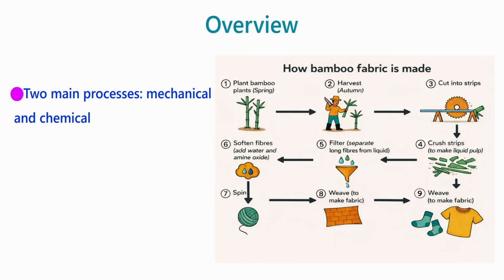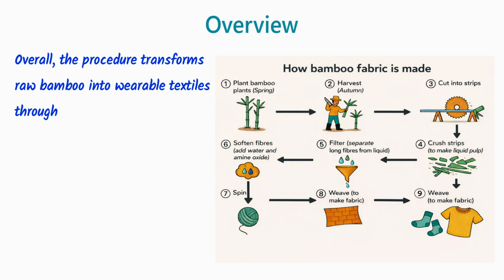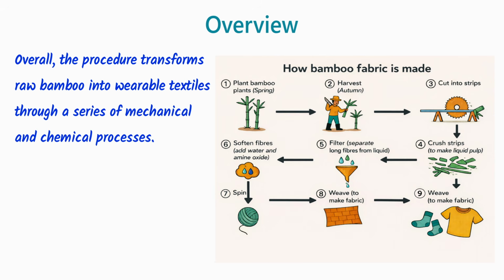So we can start by writing something like this. Overall, the procedure transforms raw bamboo into wearable textiles through a series of mechanical and chemical processes. This is one sentence.